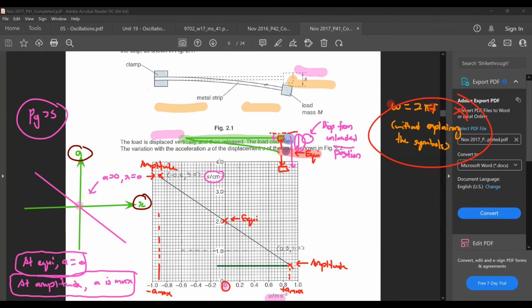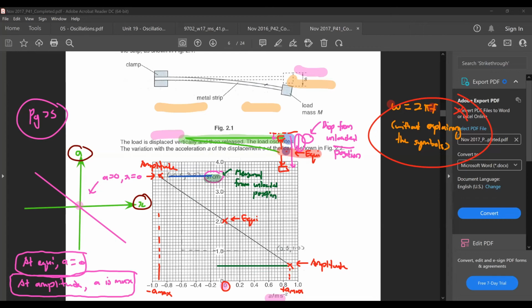Whatever you have here is measured from the unloaded position. So you cannot simply read the amplitude value from here or here, because it was not measured from your equilibrium position. So you have to do some further calculation to get your amplitude.